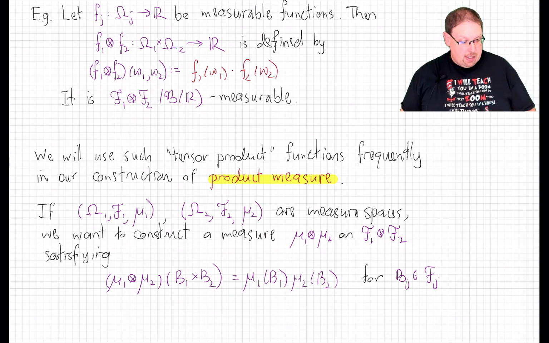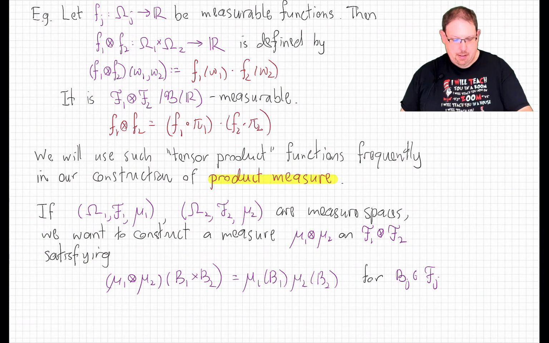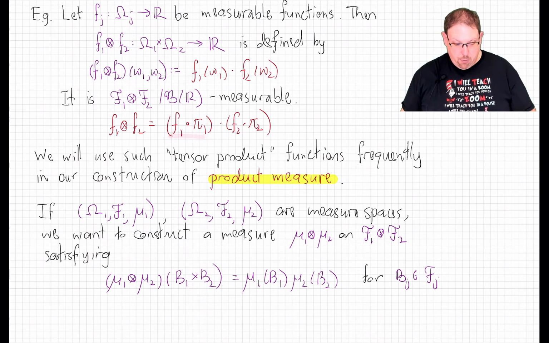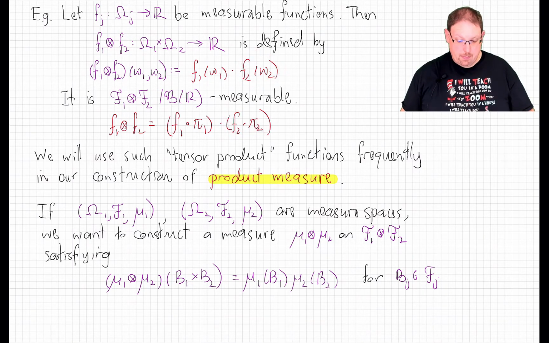And the reason that that is true and easy to see is that we can alternatively write this tensor product as the first function composed with the first projection times the second function composed with the second projection. Here I take a map from omega 1 times omega 2 to omega 1 and compose it with f1. This is the function that takes omega 1, omega 2 to f1 of omega 1. This is the function that takes omega 1, omega 2 to f2 of omega 2.